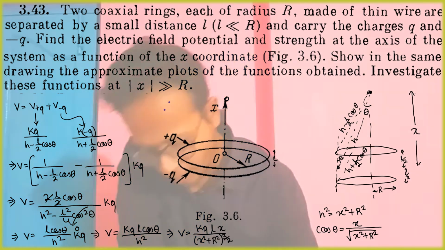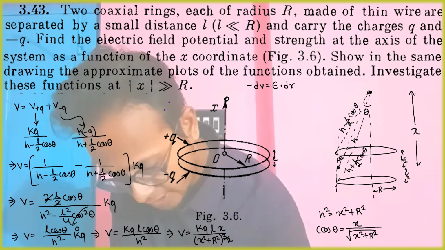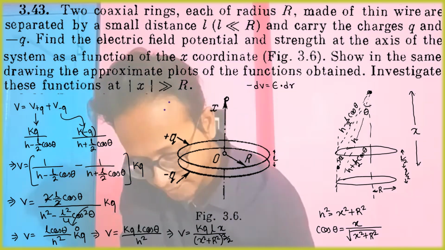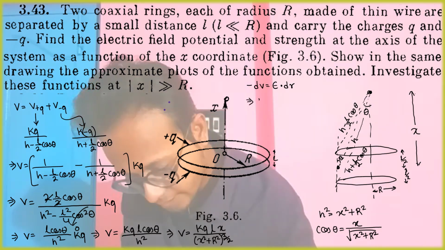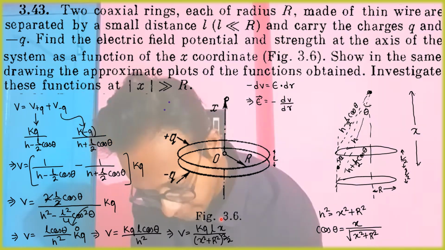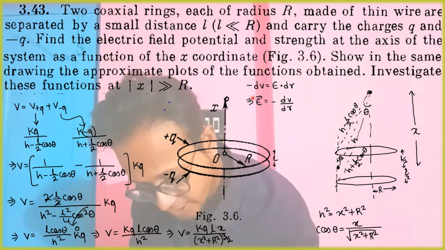So if I want to find the electric field, E is equal to minus dv by dr, isn't it? If I differentiate this V with respect to distance, I'll get the electric field.